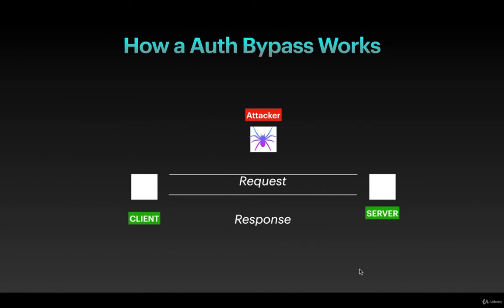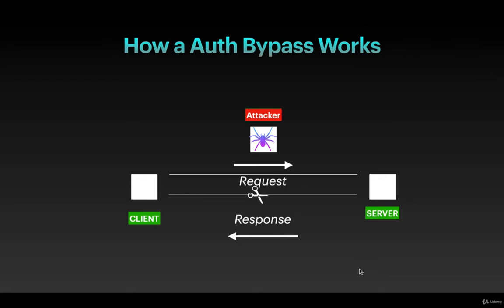So let's see how an auth bypass works. As you can see, on the client end at the left side and at the server end at the right side, when the client is communicating with the server and sending one request, the server will respond to the request by sending a response.